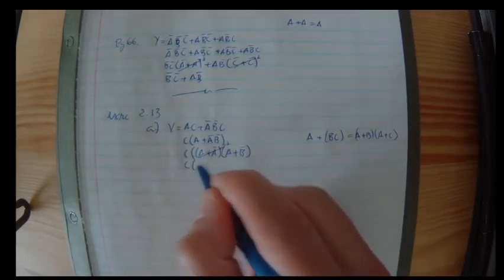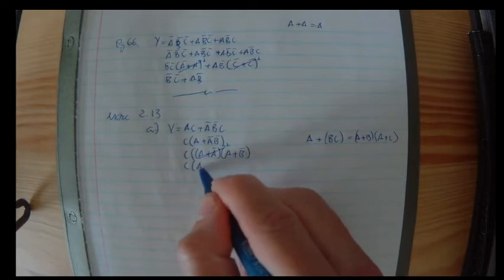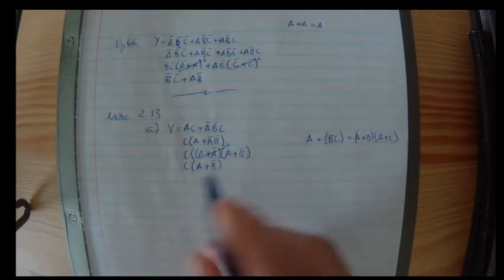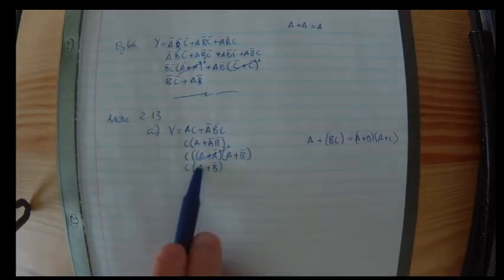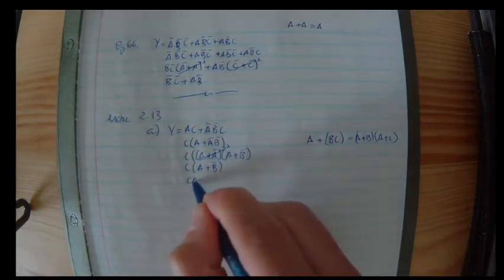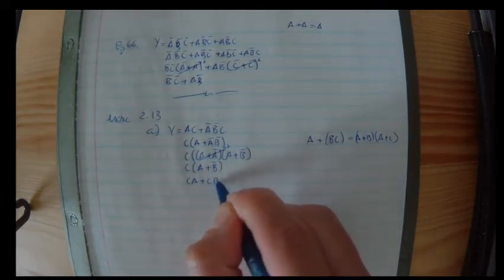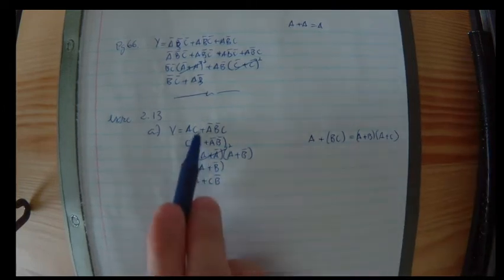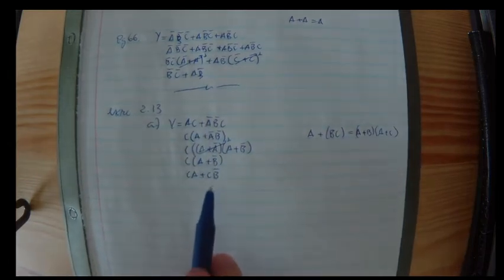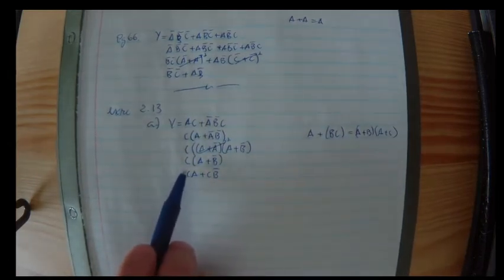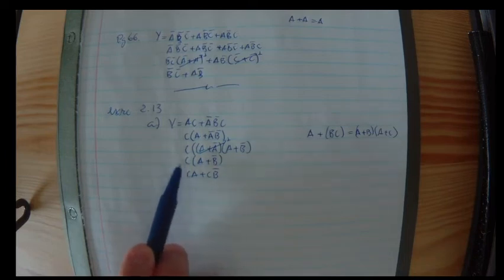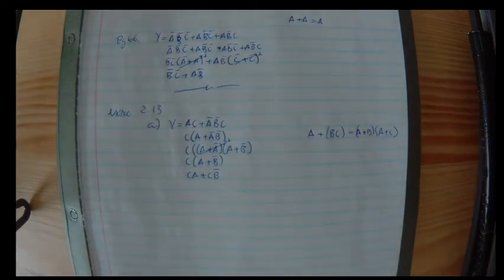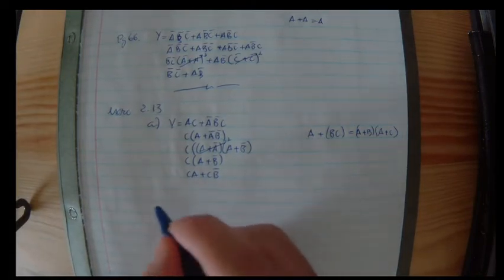So at the end we're going to have C times A or complement of B, and we can redistribute inside the parentheses, so the final form will be CA or C and complement of B. This is the reduced version of this one. If you think about the number of gates, maybe this version uses fewer gates, but it's about the same.